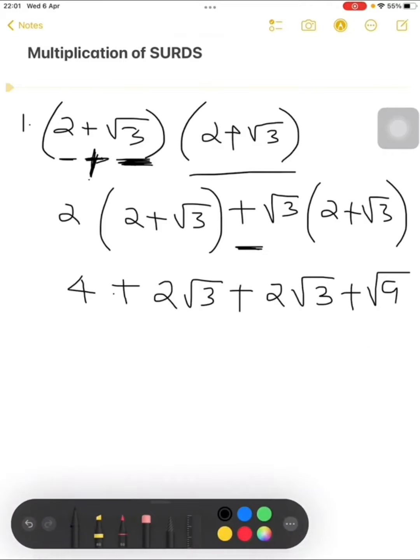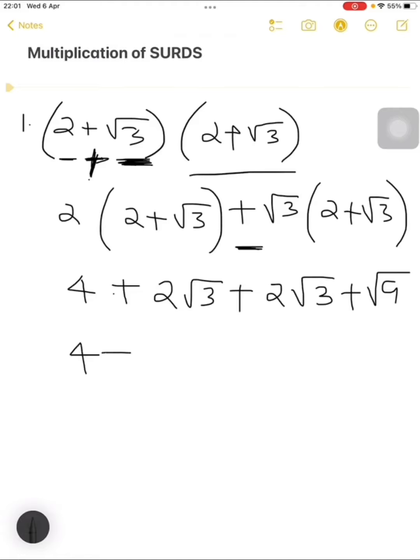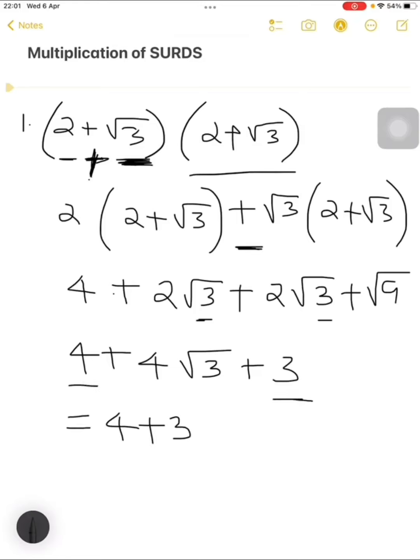So here we have 4 plus 2 root 3, and 2 root 3 is the same. And we are working on addition, so that means we can add the whole numbers, which is 4 and 3, to get 7, and then 4 root 3. You have to combine the like terms, the whole numbers, which is 4 and this 3.